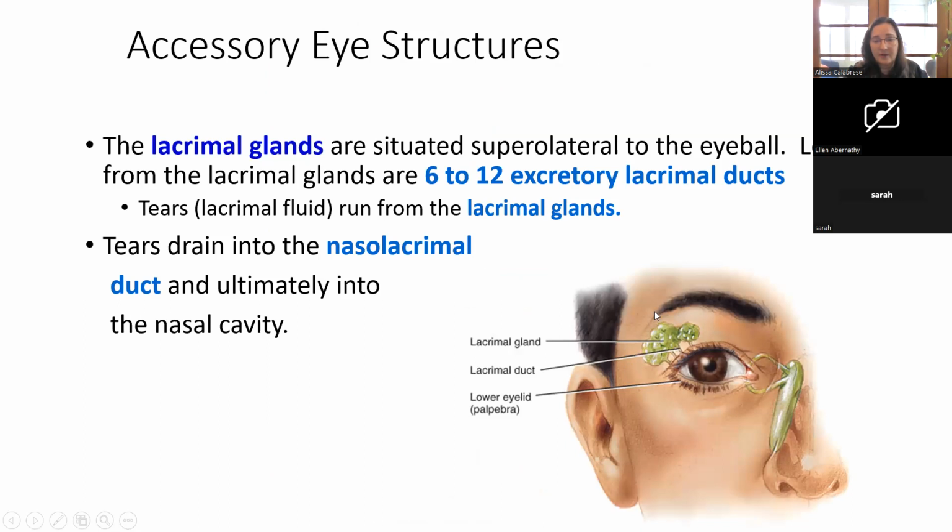Sort of superior and lateral to the eyeball are the lacrimal glands. Lacrimal glands are responsible for creating tears. So they generate lacrimal fluid that washes over the surface of the eye and then drains out these nasolacrimal ducts into the nose, which is why when you're crying, your nose is watering as well, because that's where all that fluid ends up going.